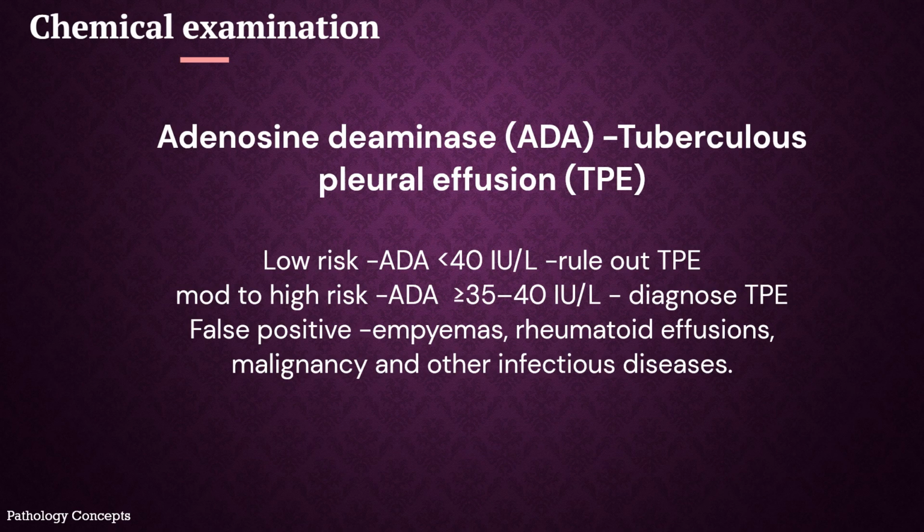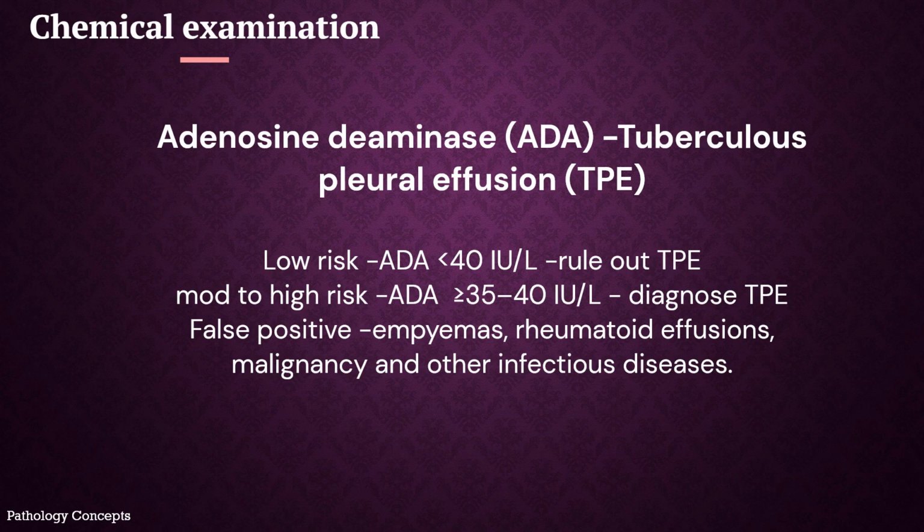ADA. Adenosine deaminase is a marker of immune reactions within lymphocytes, and it is used to help diagnose tuberculous pleural effusion. In low risk areas where the prevalence of TB is less than 125 per 1 lakh population, an ADA less than 40 international units per liter can effectively rule out tuberculous effusion in 98% of cases.